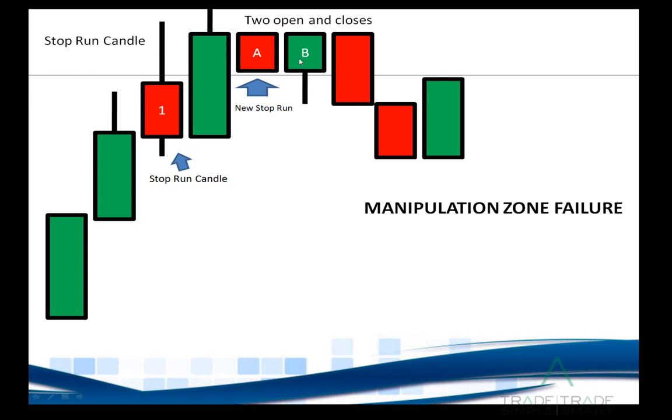So this becomes our new stop run candle. But the next candle, candle B, also opens and closes above the manipulation area. Okay, so we've got 2 open and closes in this example, both A and B, that have opened and closed above the manipulation zone, and the same is true in reverse.